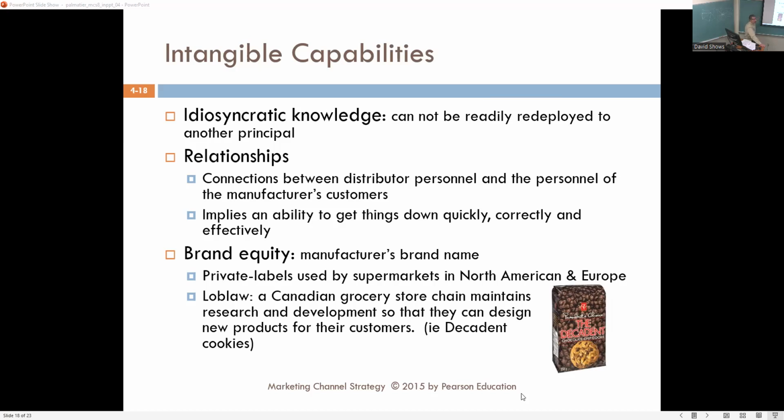Idiosyncratic knowledge might be those delivery people who deliver milk, perhaps don't know what it takes to, say, deliver hens. And so a unique knowledge, a specialized skill that can't be used anywhere else, might need to be delivered by you to your customer.